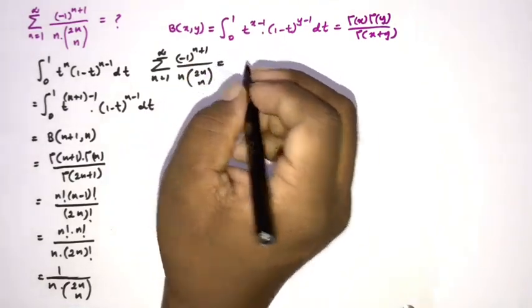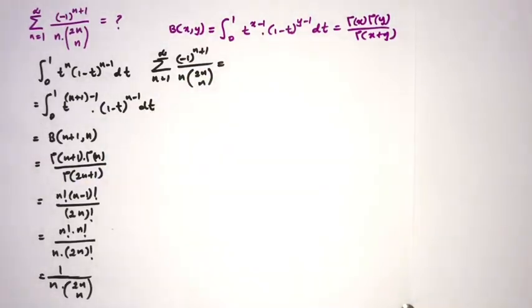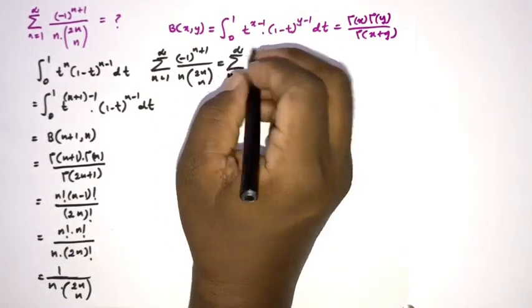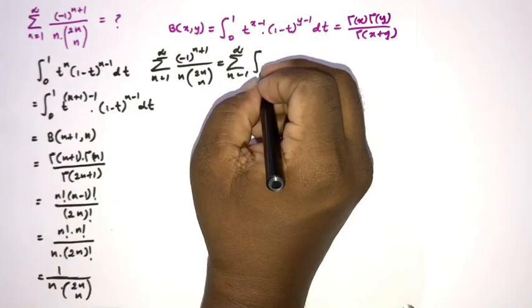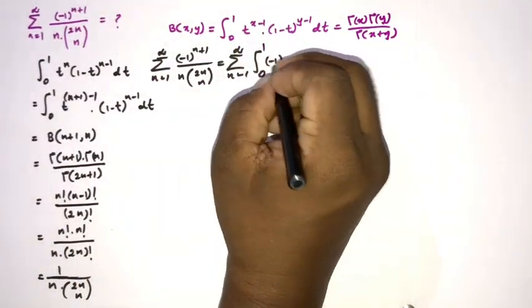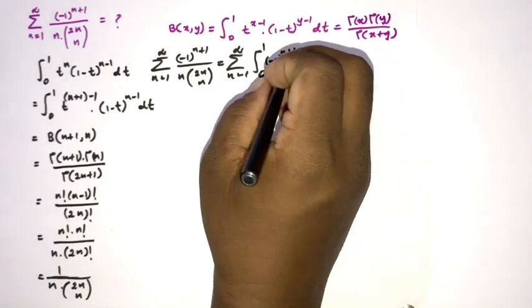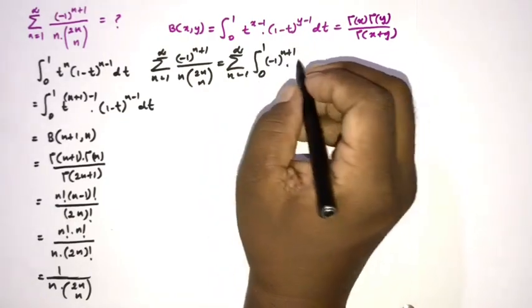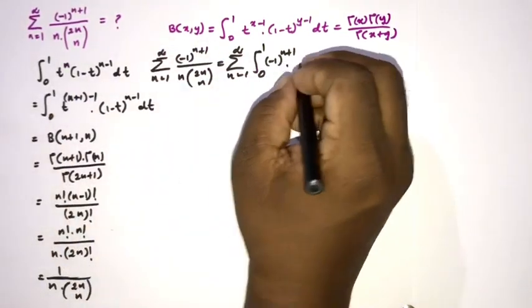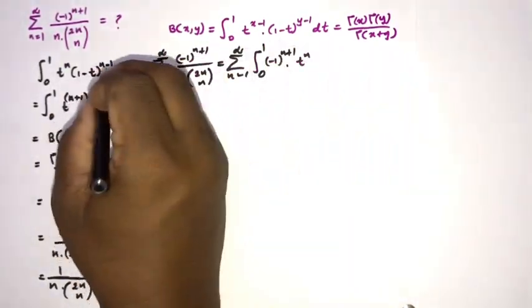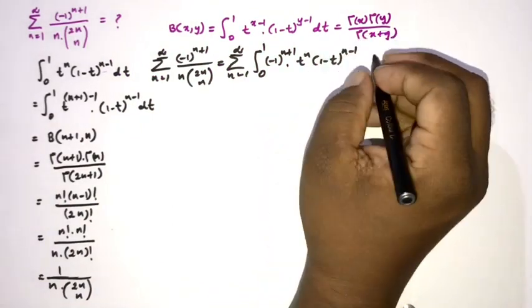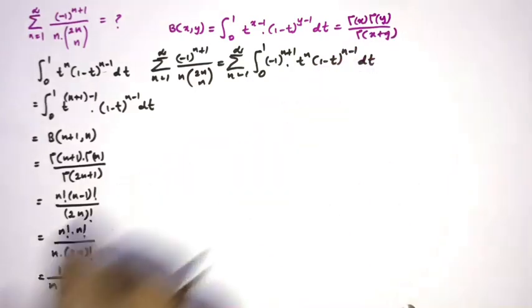This is equal to the infinite sum, n equals 1 to infinity, of the integral from 0 to 1 of (minus 1) to the n plus 1 times t to the n times (1 minus t) to the n minus 1 dt.